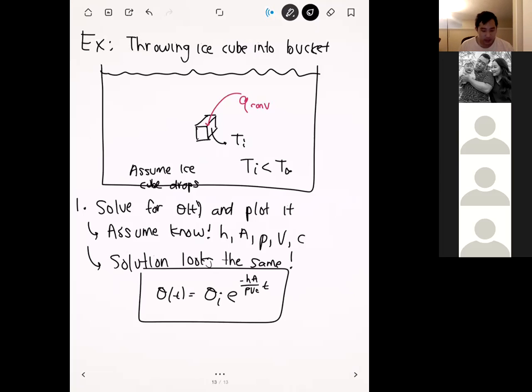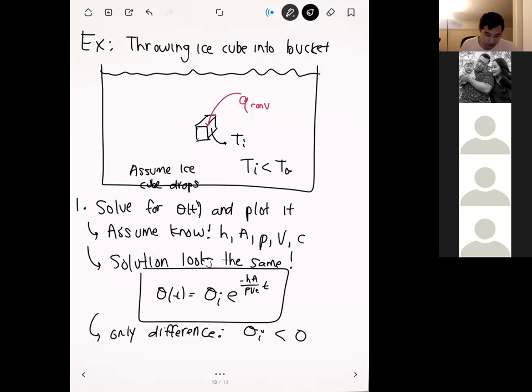The only thing that's different here is the initial condition. If we take the difference between T_i and T infinity, we're going to get a negative number. So our graph is going to come from the opposite direction: instead of an exponential that comes from the top, we have an exponential that comes from the bottom.